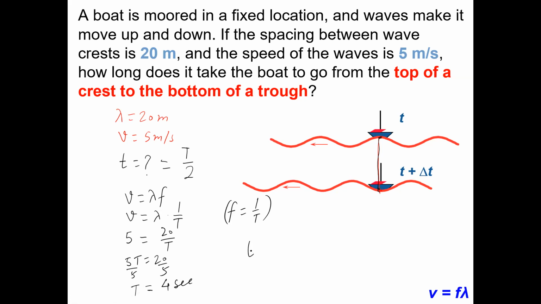Now you have to calculate the time to go from crest to trough, which is half of the time period, as I already described. So 4 divided by 2 is 2 seconds. To go from crest back to crest is 4 seconds, but to go from crest to trough is 2 seconds. Another way, going from trough to crest in this situation is also the same 2 seconds.